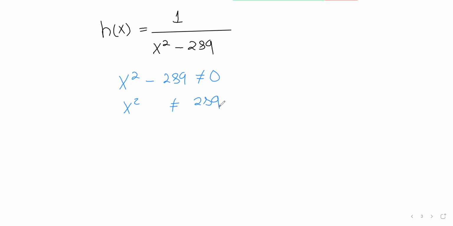Now we apply the square root property. To isolate x, I square root both sides. I tack on a plus or minus symbol. x is not equal to plus or minus the square root of 289, which is 17.